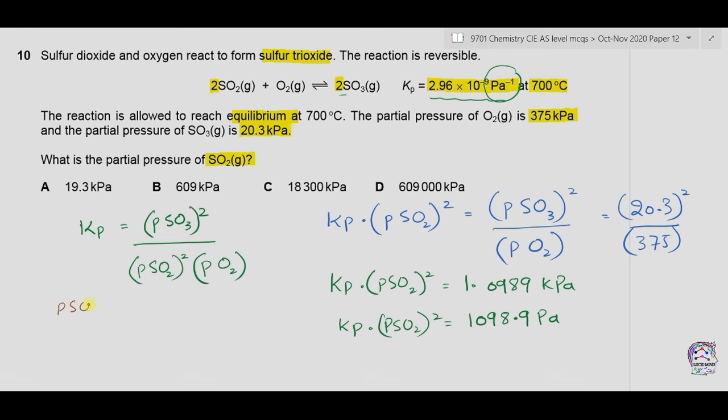Pressure of SO2 squared will be equal to 1098.9 pascals divided by 2.96 times 10 to the power minus 9 per pascals, which is equal to 3.7125 times 10 to the power 11 pascals squared.